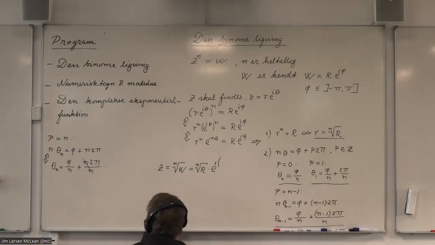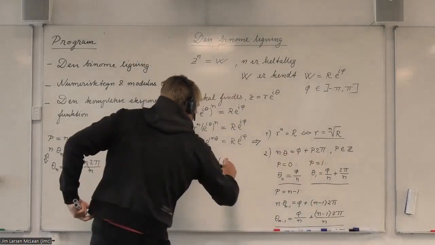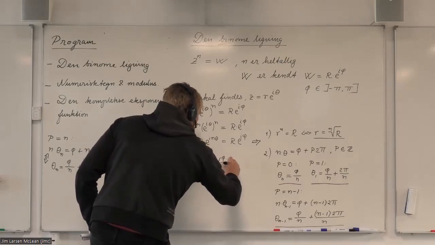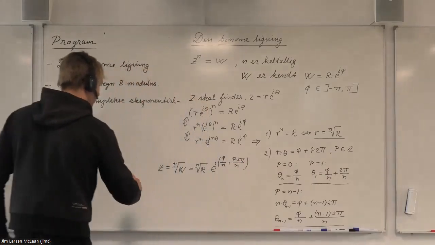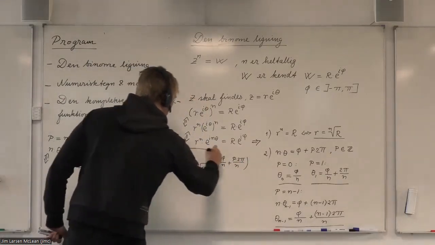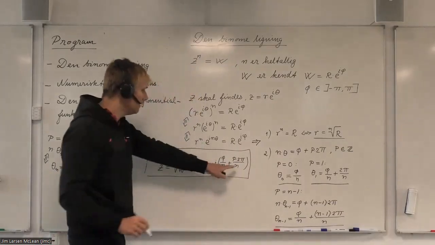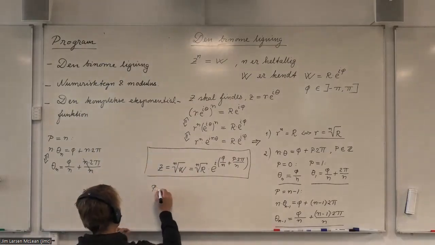Or if we're going to write it in a more general way, I just had to isolate theta in this one, so it yields phi over n plus p times 2 pi over n. This is the formula, and this is how you do it, as we've just shown. So I just need to jot down which p's work, and they are these ones right here.